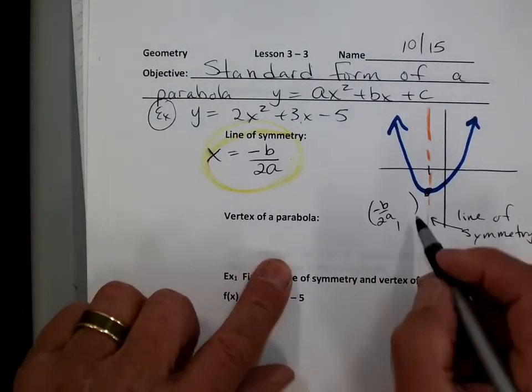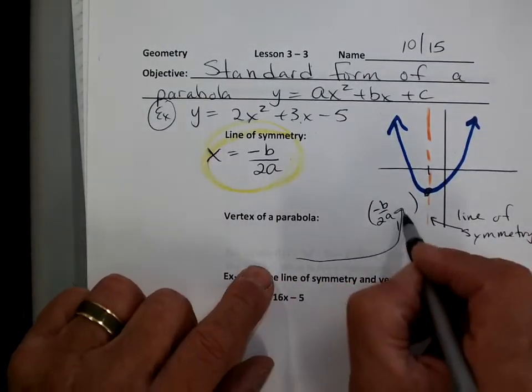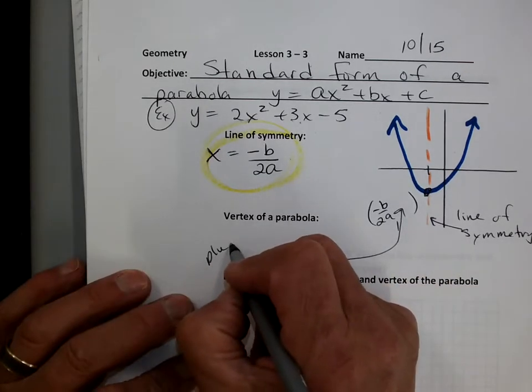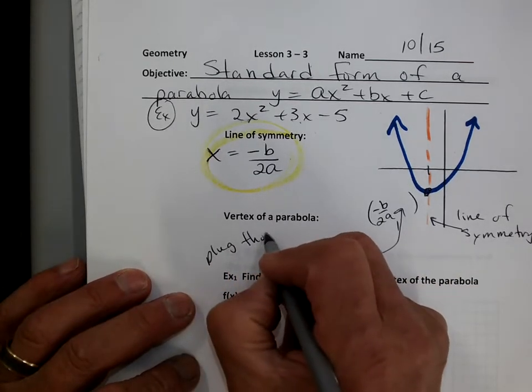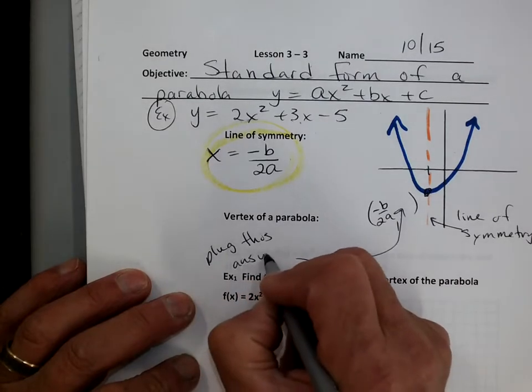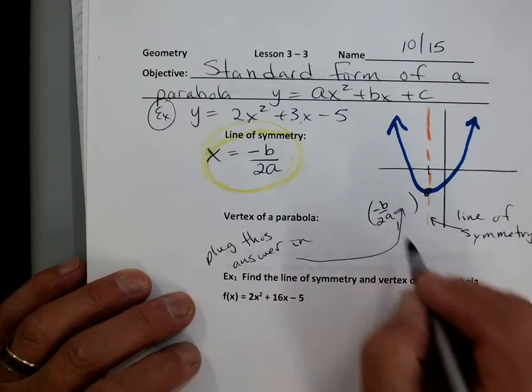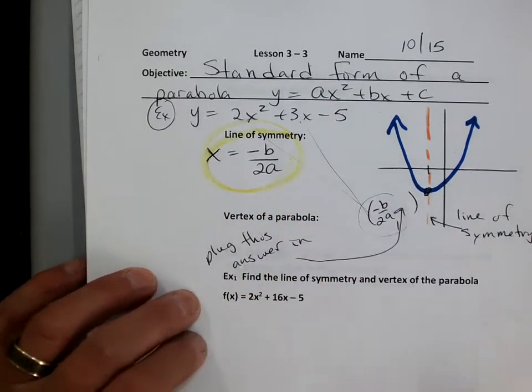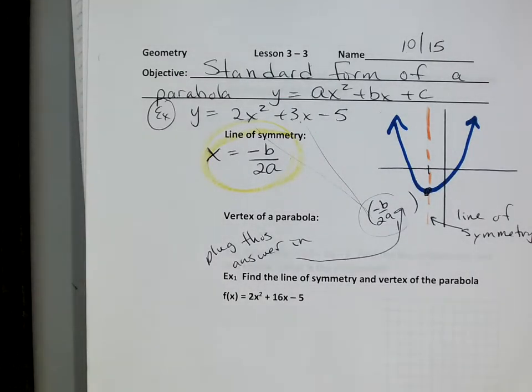Then to get the corresponding y value, you take this answer and plug it in for x. I'm going to show you how this works right now.